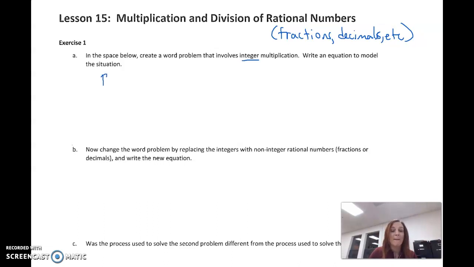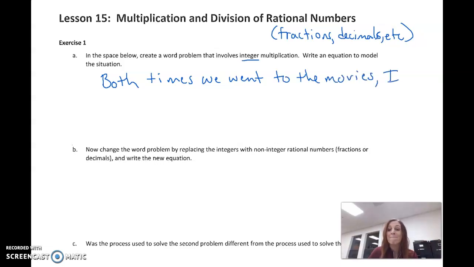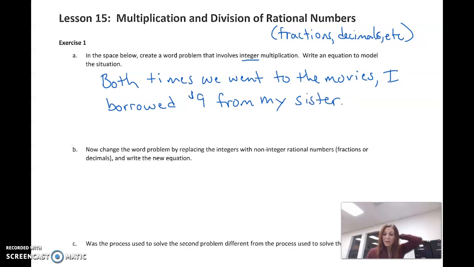I'm going to say both times we went to the movies, I borrowed $9 from my sister. So basically, I'm wondering how much do I owe her? And again, this is just an example. This is just to come up with a word problem. It could be anything.